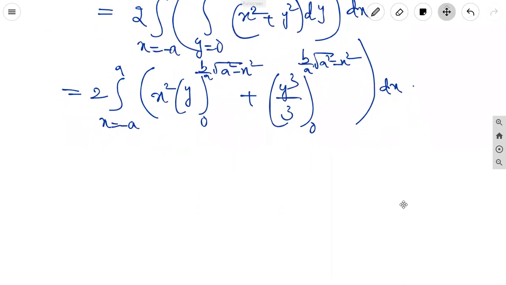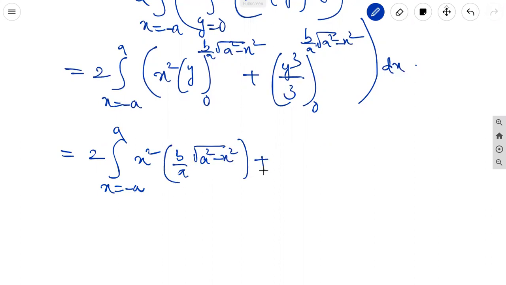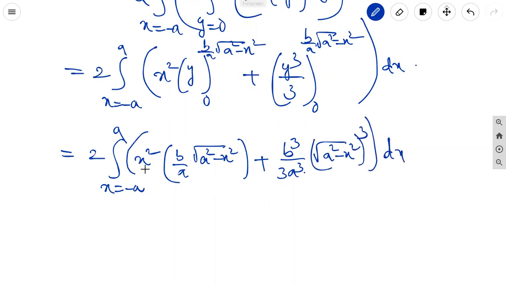This is equal to 2 times the integral x equal to minus a to a of x square b by a under root of a square minus x square plus b cube by 3a cube under root of a square minus x square whole cube into dx.